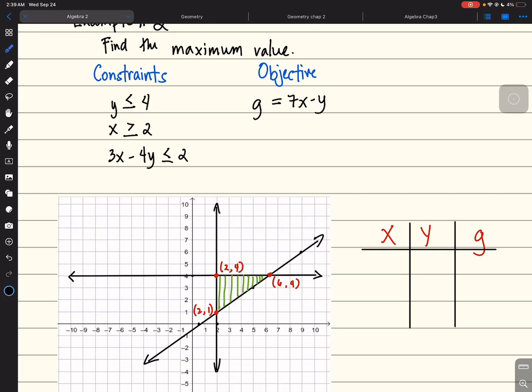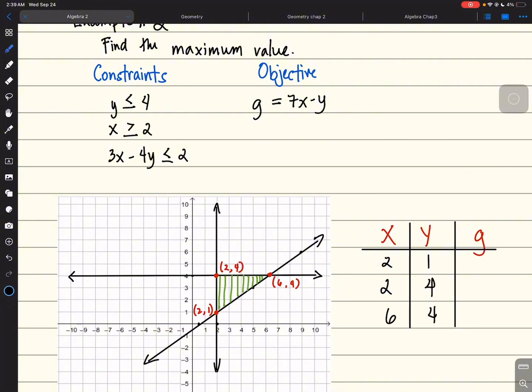So that is 2. What is y? So that is 1. Second, what is x? That is 2. What is y? That is 4. And then for the third one, what is y? That is 4.